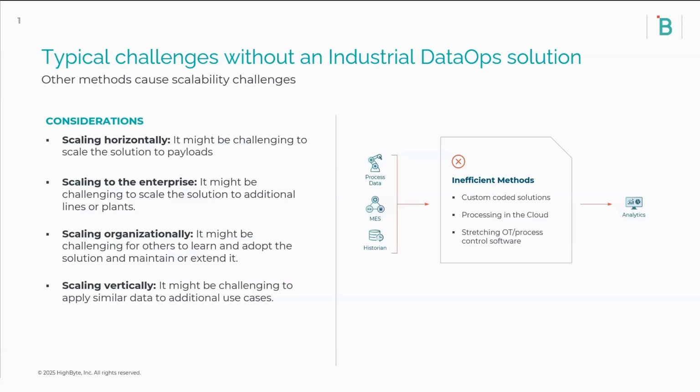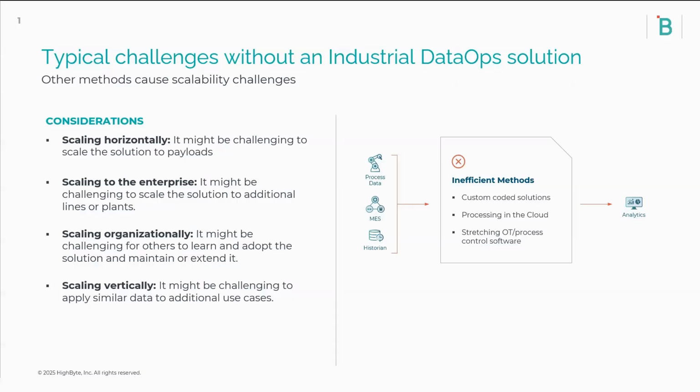The second lens is more about enterprise scaling, so taking what you built at the first plant and repeating that same use case at the secondary location, and obviously the maintenance of that at the enterprise is another important factor. That will probably be focused on more in a second video, but we'll introduce some key concepts of that enterprise scale today.